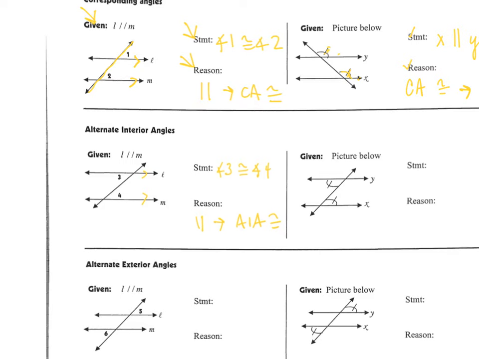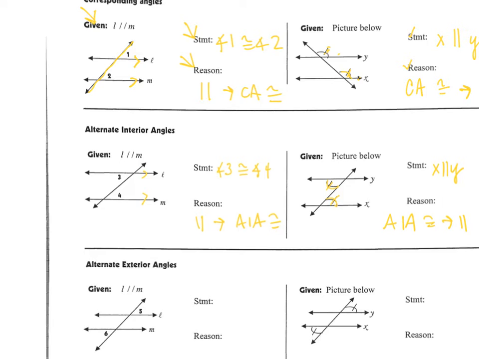Okay. Now here, we're given that the angles themselves are congruent. So now our statement will be that the lines are parallel. And our reason will be alternate interior angles are congruent, then the lines are parallel.